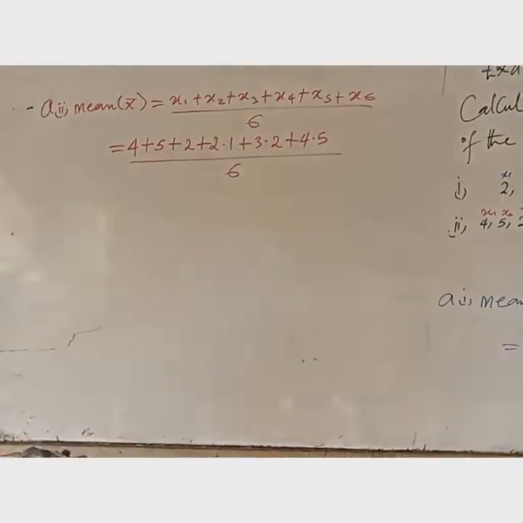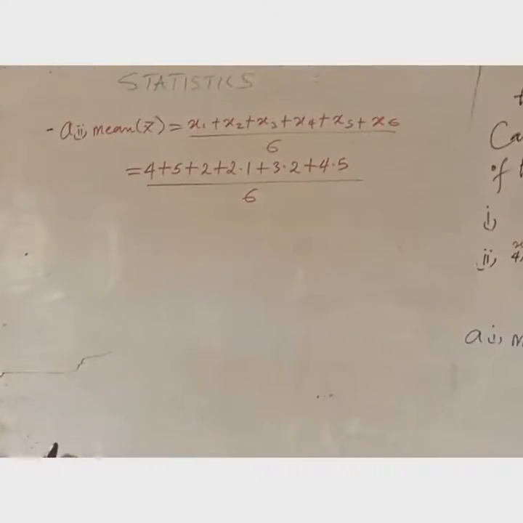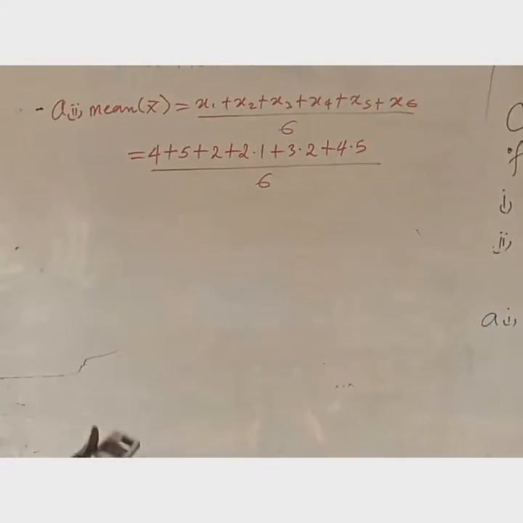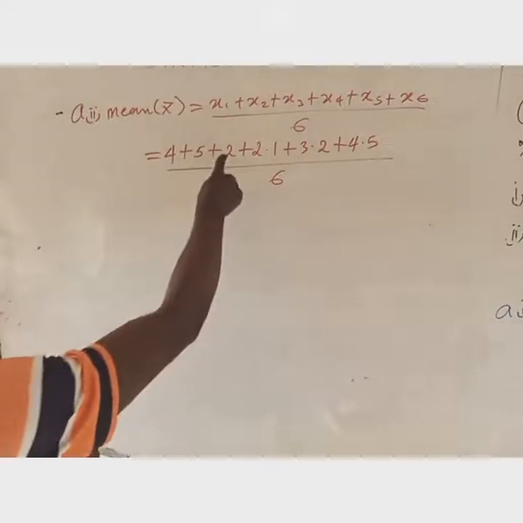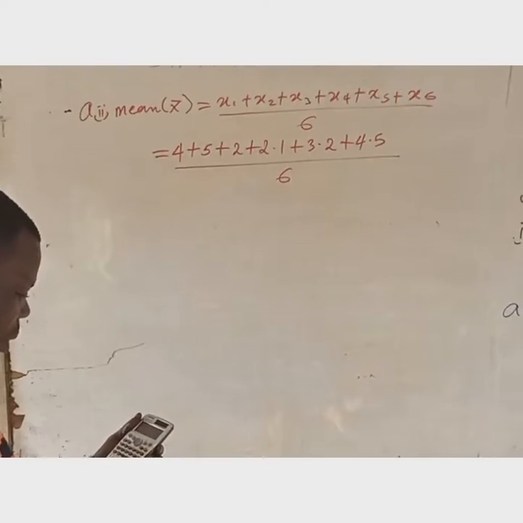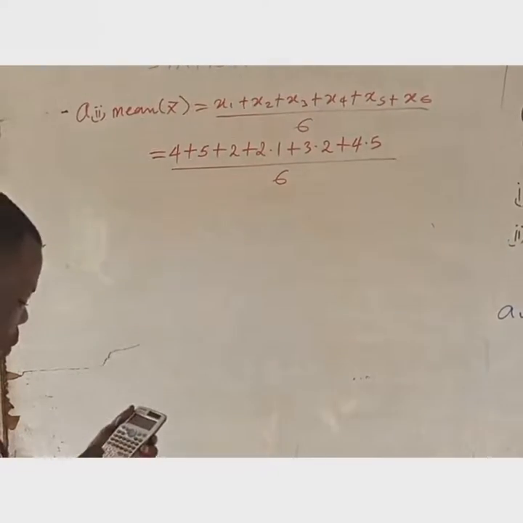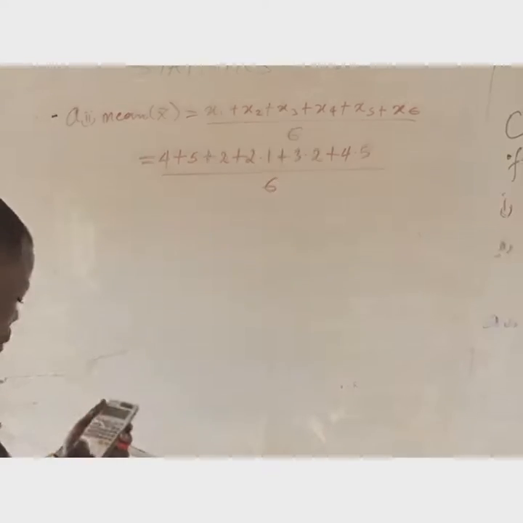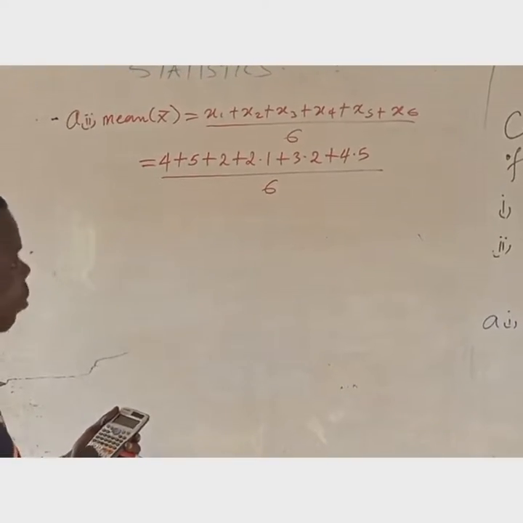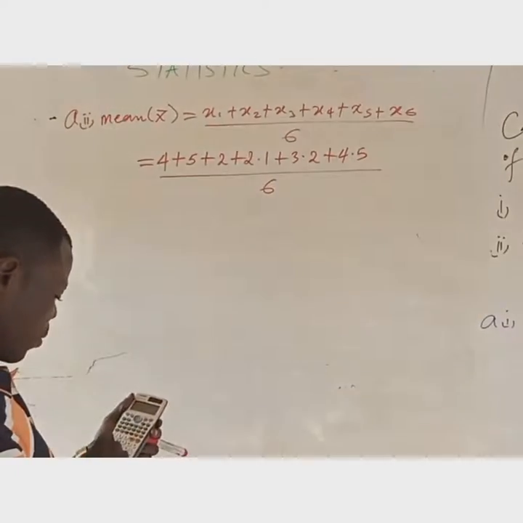So now we can add with our calculator. We have 4 plus 5 is 9, 9 plus 2 is 11, 11 plus 2.1 plus 3.2 plus 4.5.